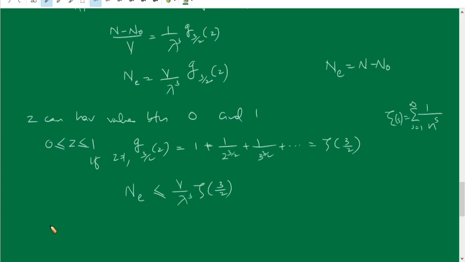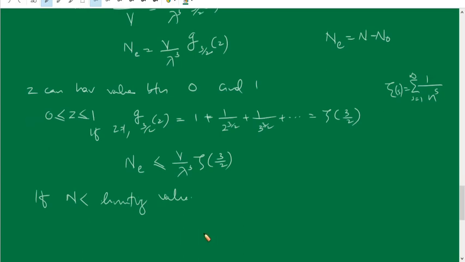Okay, now if N is less than the limiting value, the number of particles are distributed in different excited states.